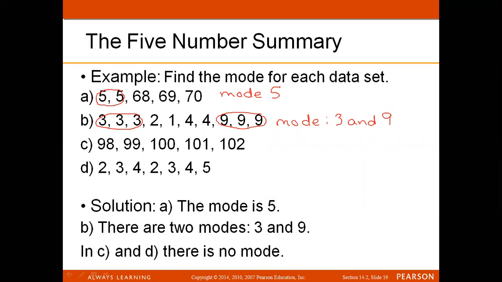Nothing is duplicated. So here in C, we have no mode because every frequency is 1. And in D, we have doubles of everything, well, except for the 5. But we have double 2s, double 3s, double 4s. That's too many modes. So again, we have no mode, but for a different reason, right? We have no mode in D because there's too many, and we have no mode in C because nothing is most frequent. Everything has a frequency of 1.